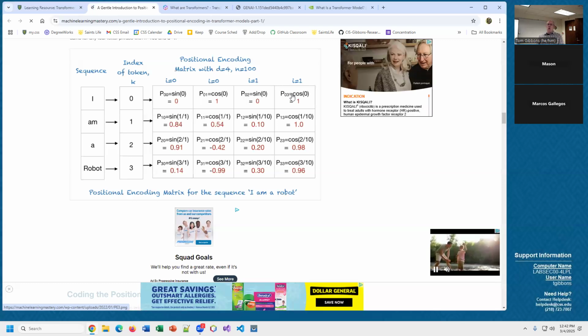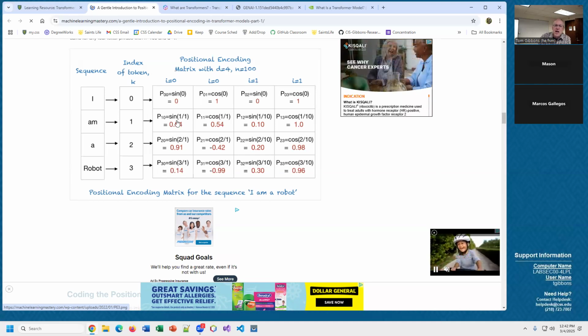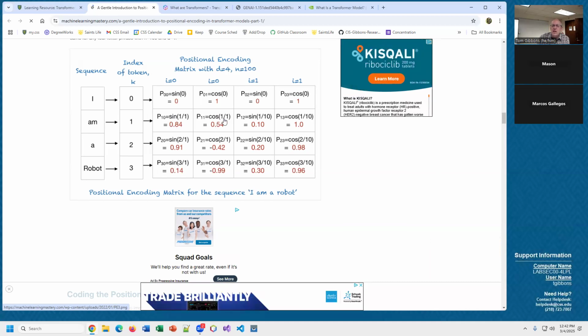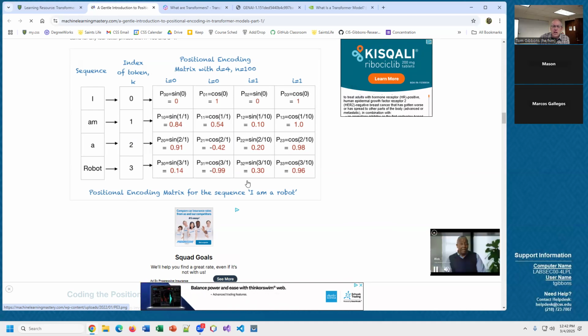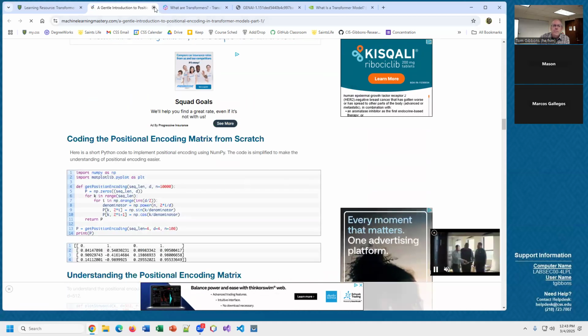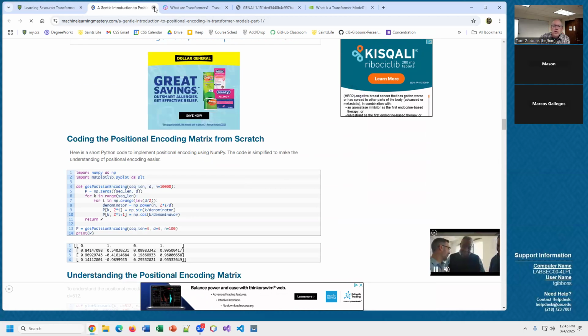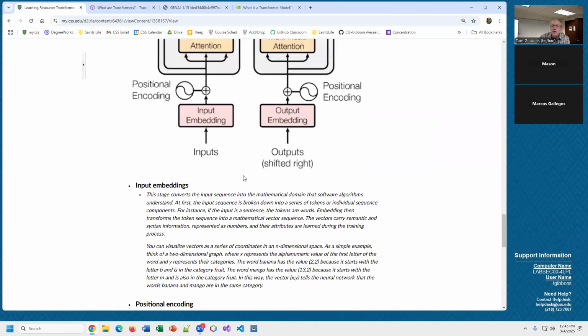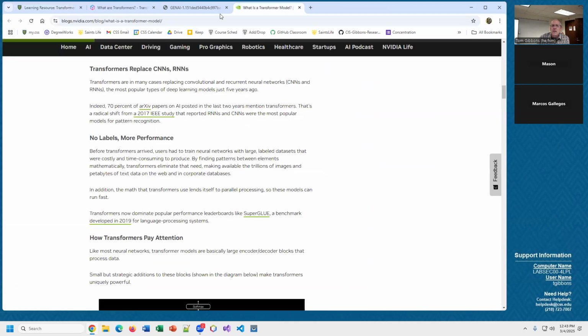But rather than like chords, where you usually are just playing it or not, we have like a volume switch on every different note. So we can say we have 84% of this note, 54% of this note, and 10% of this note or stuff like that. So we're encoding it that way. So we have our positional encodings here.